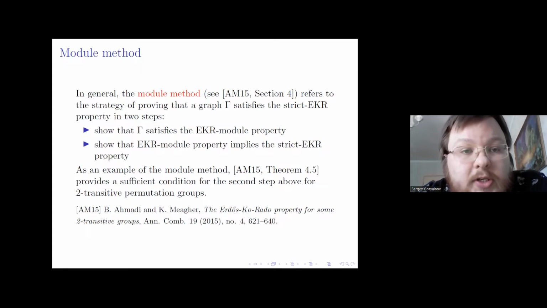The first one is to show that gamma satisfies the EKR module property. The second one is to show that the EKR module property implies the strict EKR property. As an example of the module method, the paper provides a sufficient condition for the second step above for two-transitive permutation groups.